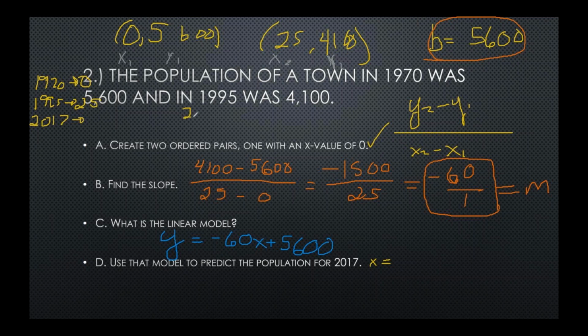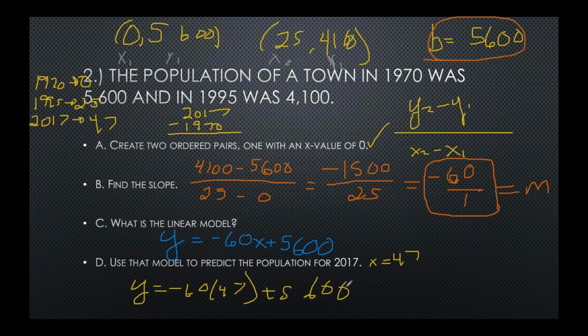You can always think: 2017 minus my starting point, which was 1970, is how many years? 47, exactly. So my x value is going to be 47. So I take my model, y equals negative 60 times 47 plus 5600.